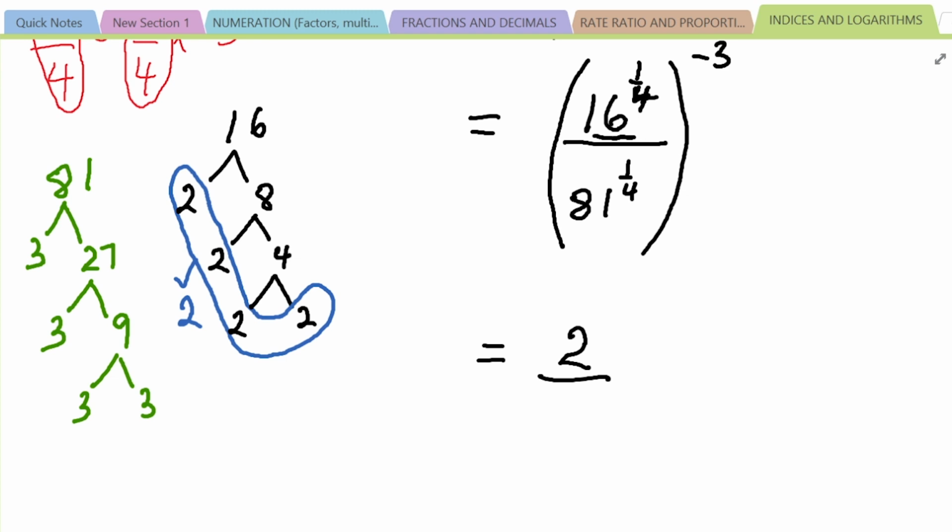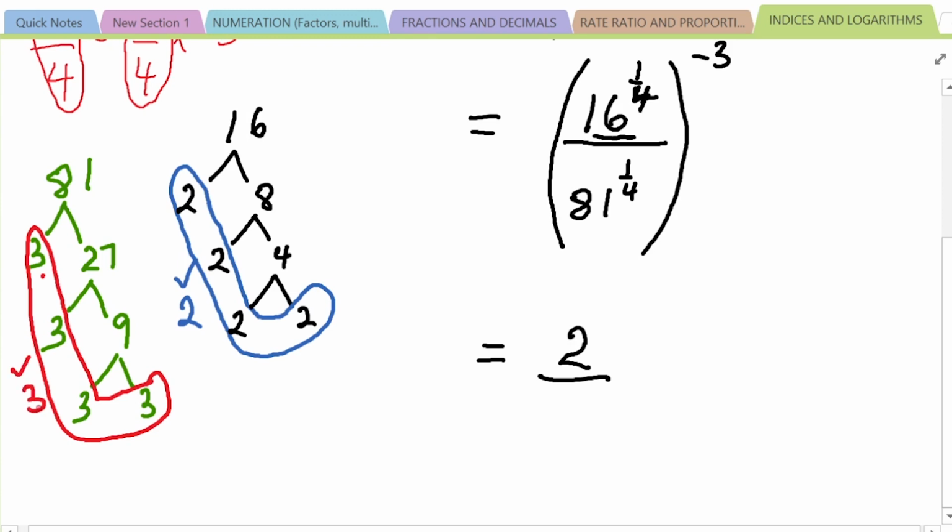And if you look at these figures, since we are finding the fourth root of 81, we group these factors in groups of 4, and it's 1, 2, 3, 4 groups. We only choose 3. So the fourth root of 81 is 3. We solved that one also. So it's going to be 2 over 3. This is to the power negative 3, like that.